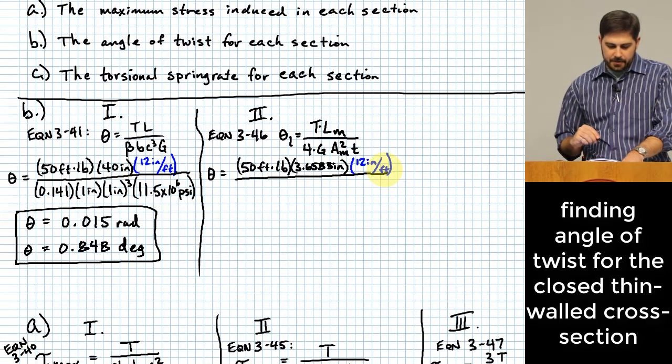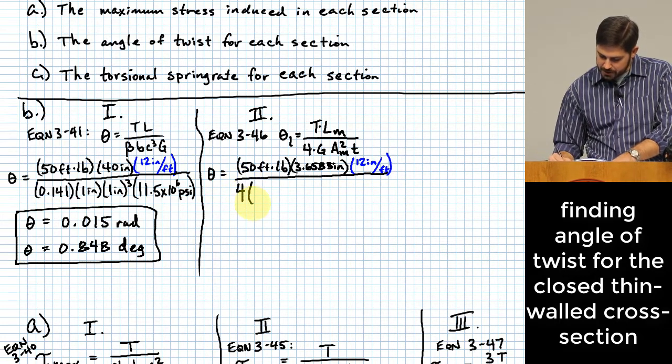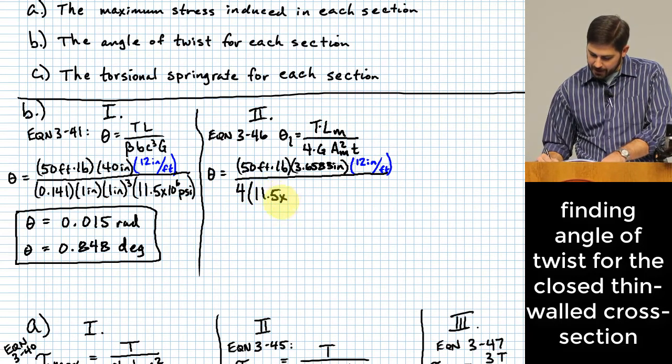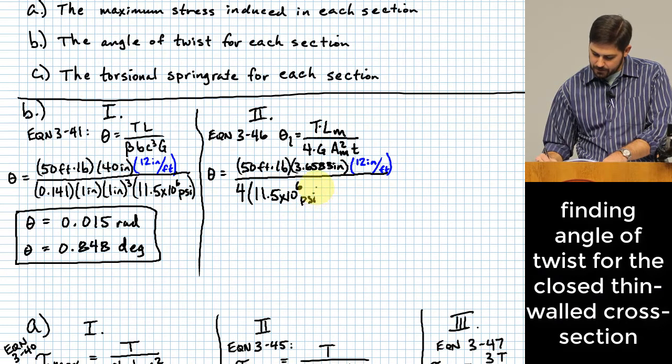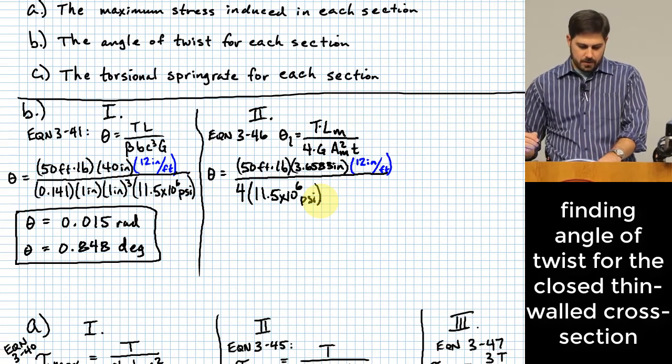We'll take that and divide it by 4 times G. G is the same as it was in the last problem, 11.5 times 10 to the 6th PSI. All right.